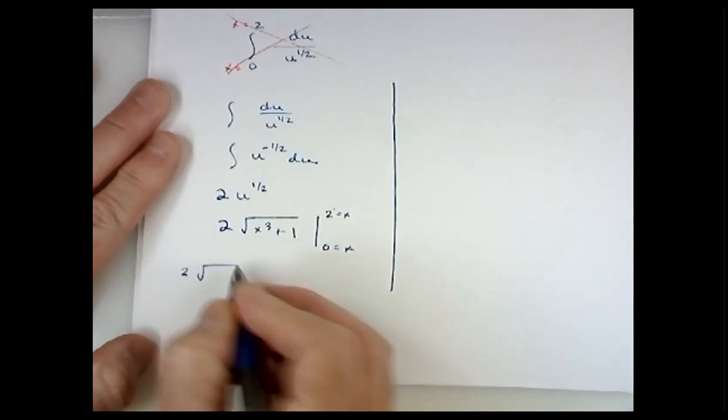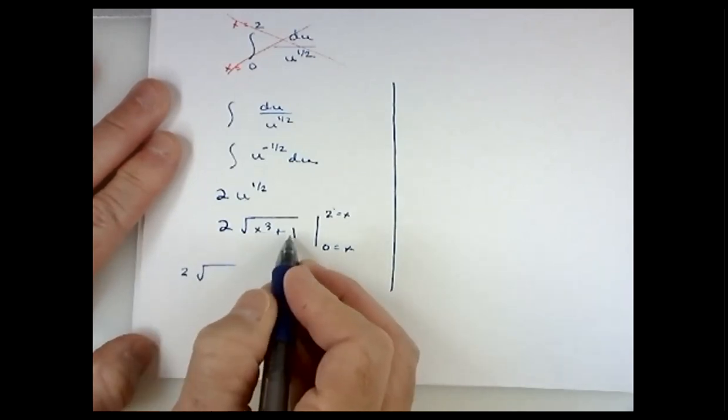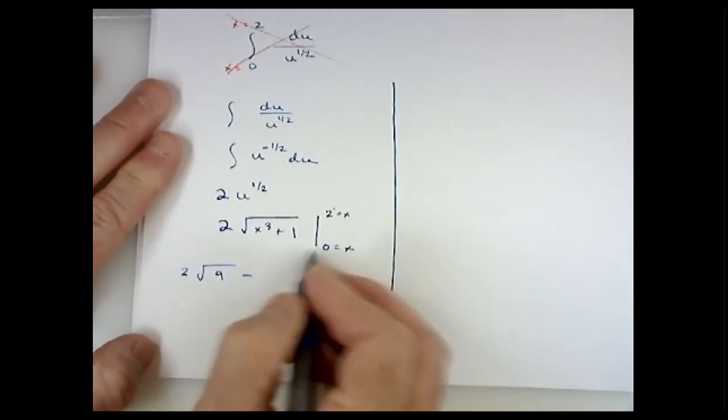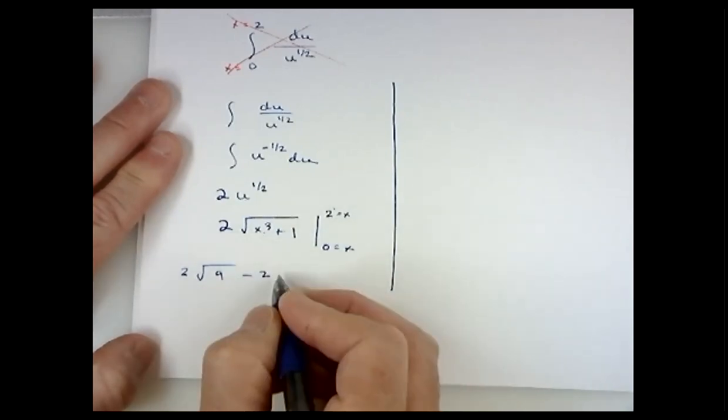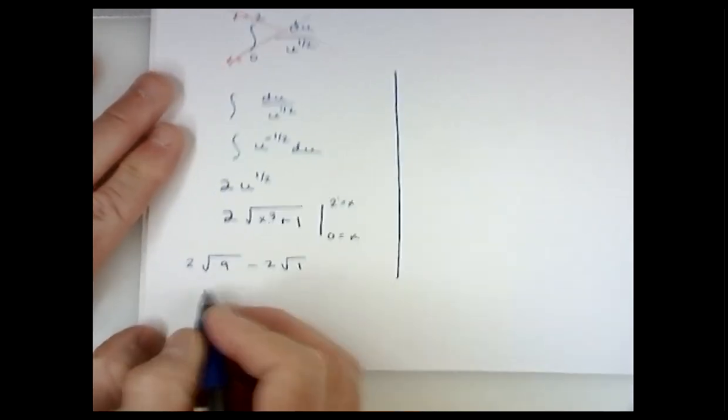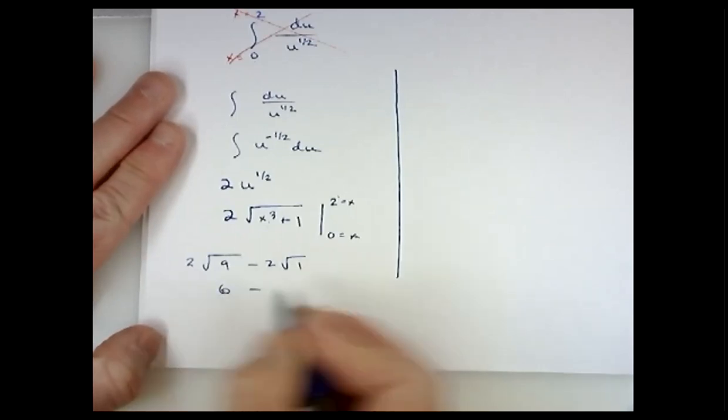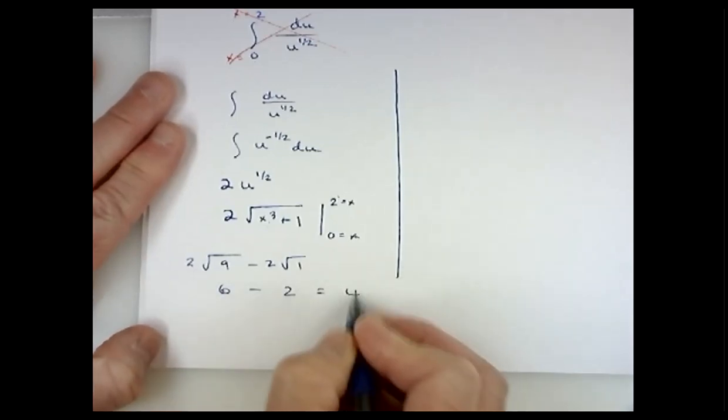So I get 2 times the square root of 9 minus 2 times the square root of 1. So I get 6 minus 2. My final answer should be 4.